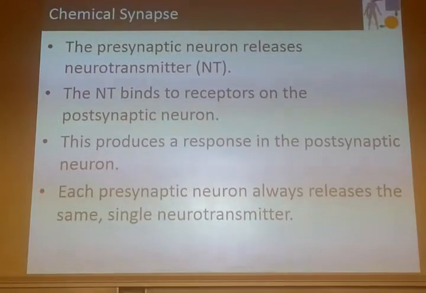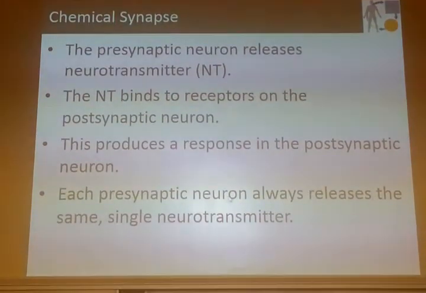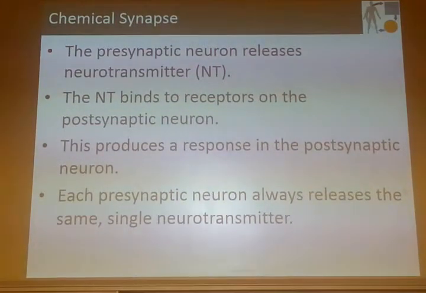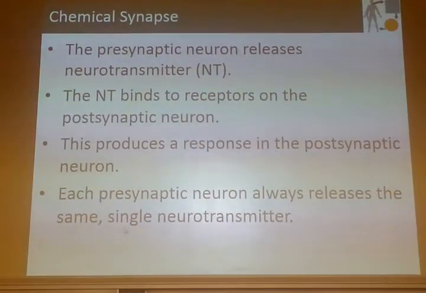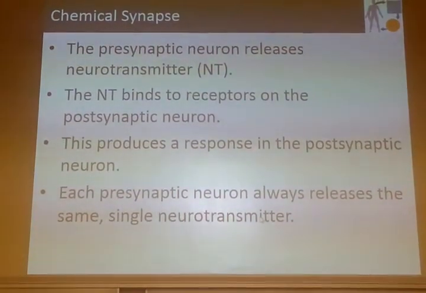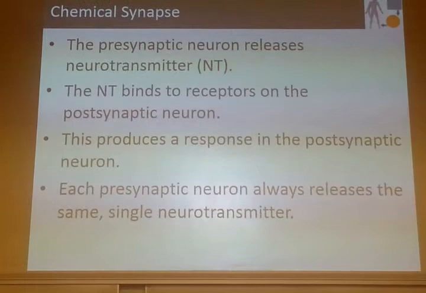The statement here that each presynaptic neuron always releases the same single neurotransmitter, we're going to keep this. It's okay for now to believe that, but it's really not true because some neurons release more than one neurotransmitter.